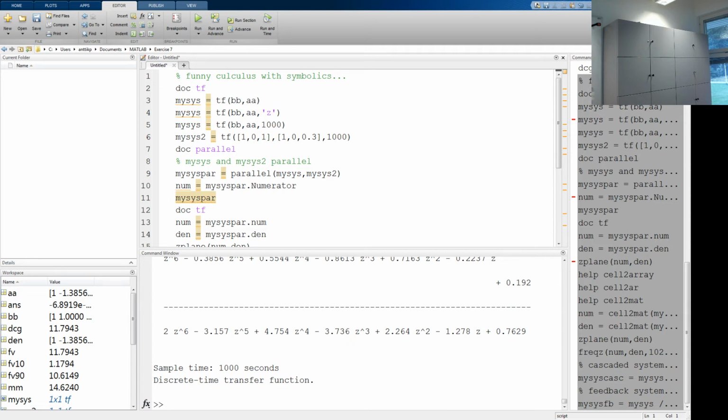There is a way to evaluate that polynomial or rational polynomial by setting z equal to something. That's something for you to find out. Yes, you can. Any other questions?